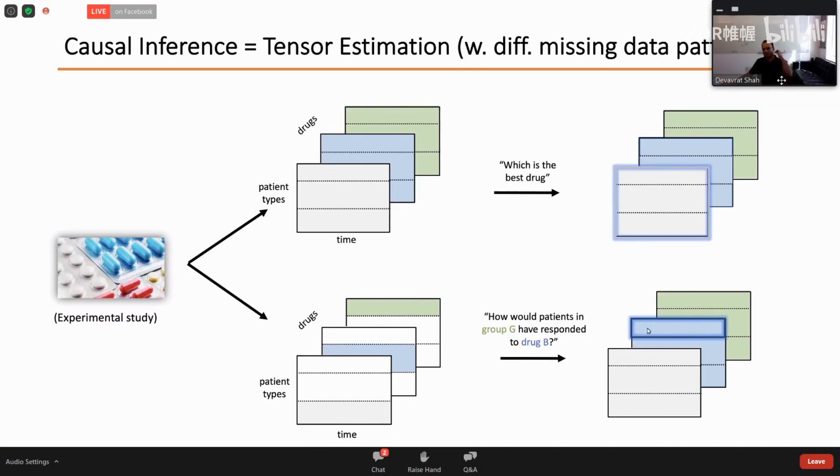Can I decide that for group G, drug B is the best, or what will the observed outcome be then? So this, in a sense, from classical randomized control, we are slowly going towards randomized control meeting observational studies, and we'll come back to this.